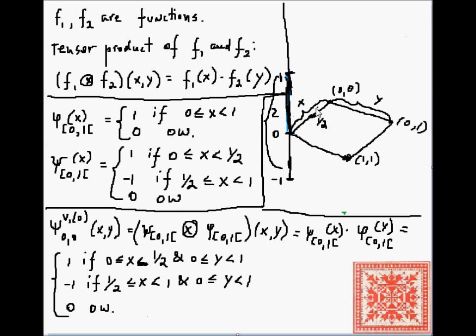Okay, and so then we'll mark half on the x-axis and half on the y-axis. So in this rectangular cube, we can say, the value of this wavelet, the vertical big psi rather, will be equal to 1.